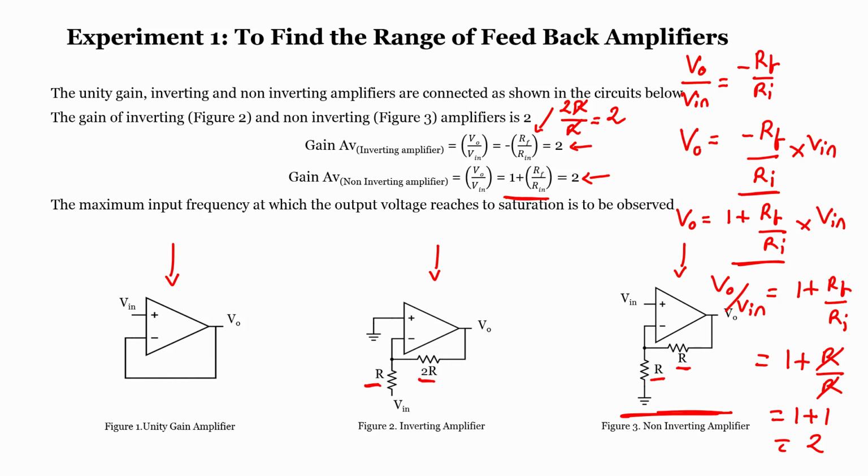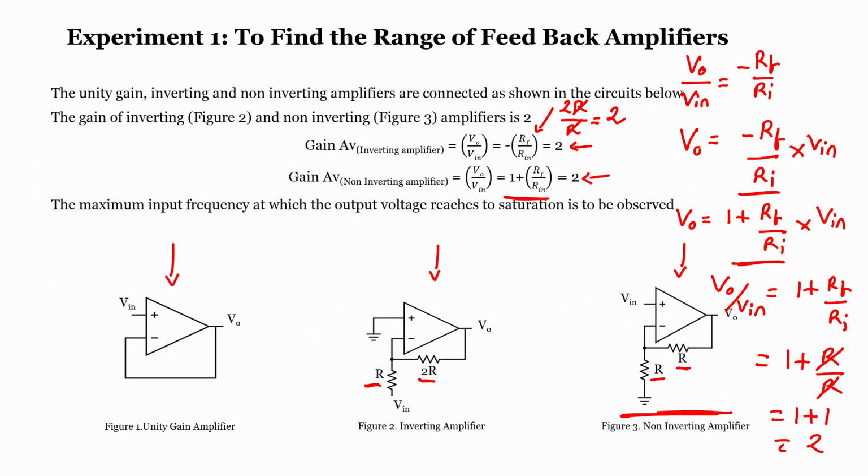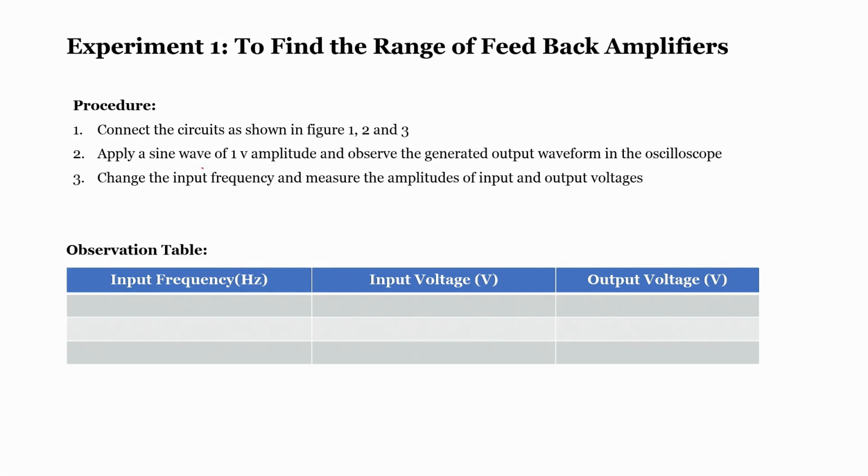Now, the maximum input frequency at which the output voltage reaches its saturation is to be observed. So, at what input frequency does the output voltage reach its saturation? Let us see. If you want to do that, we have to perform an experiment. So, the procedure for finding the range of the feedback amplifier is to connect the circuits as shown in figures 1, 2, 3, which is right over here, 1, 2 and 3, and then apply a sine wave of 1 volt amplitude and observe the generated output voltage in the oscilloscope.